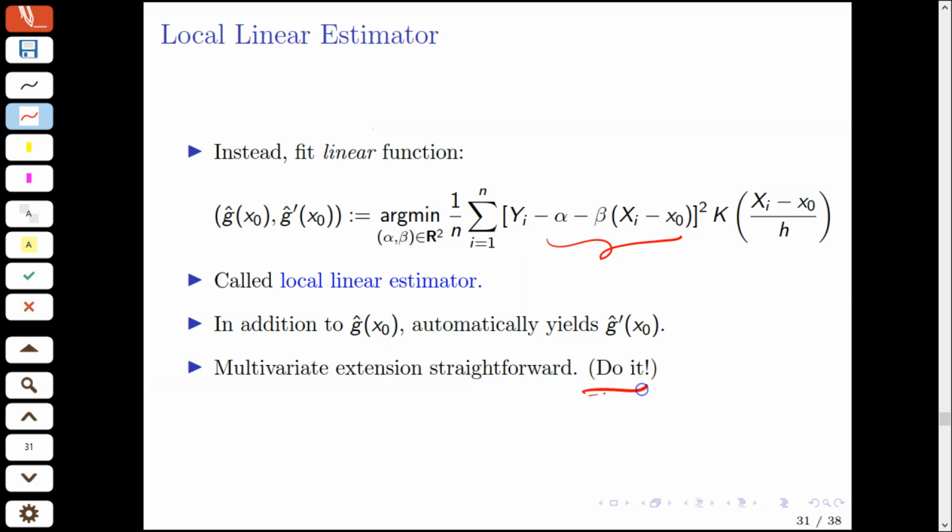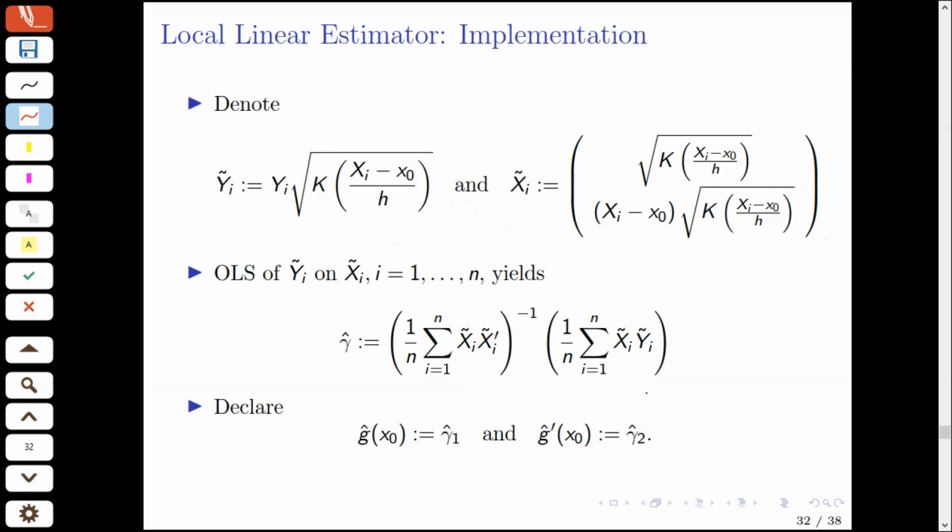I highly encourage you to write it down in order to make sure that you understand the steps necessary. But continuing with our scalar setting, let's look at how one may implement the local linear estimator. Now, I could write this in Python, but I think it's instructive to just look at the math to see how it's, in fact, very simple to implement.